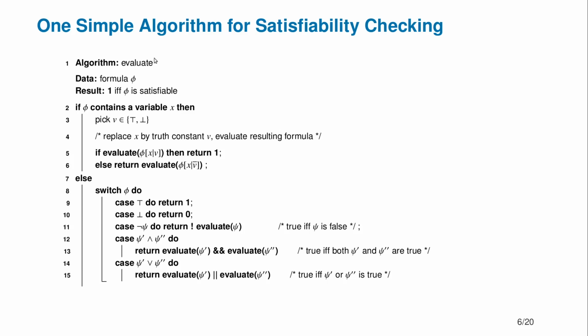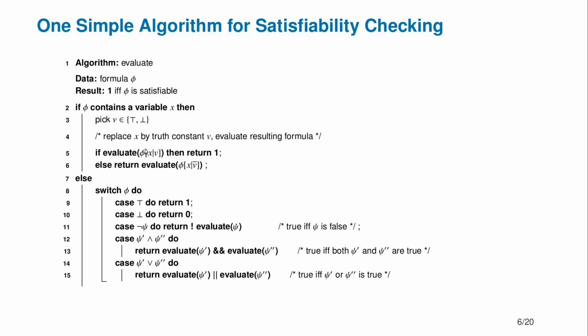This algorithm proceeds as follows. If phi contains a variable x, we pick some variable from the formula first, and then we pick some truth constant, bottom or top, one of them. And what the algorithm does is replace x by the truth constant that was picked.